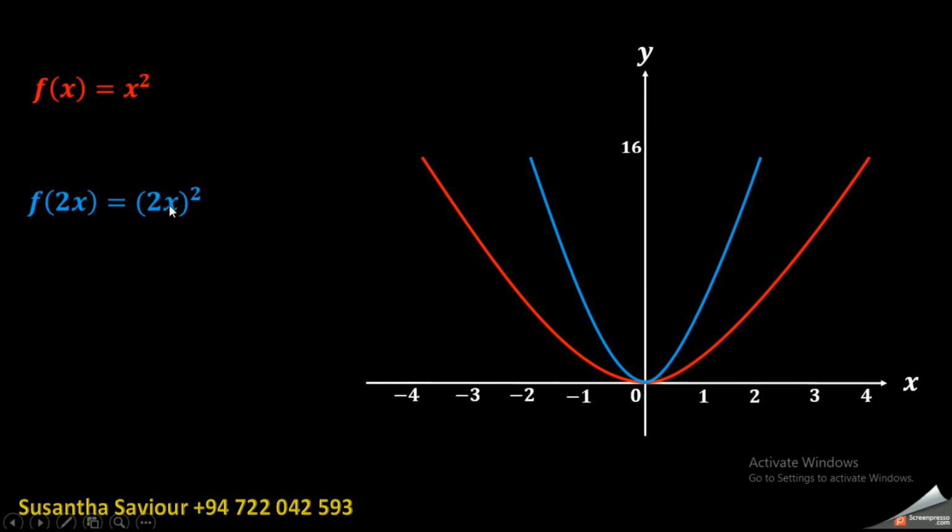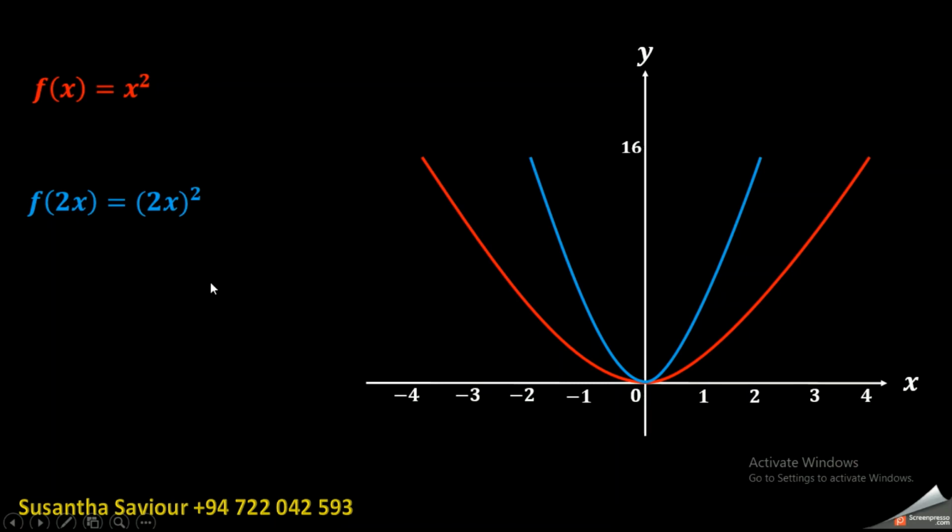When x equals 2, this is 16, so this x coordinate is divided by 2. 4 divided by 2 is 2, minus 4 divided by 2 is minus 2, right? So 16 occurred at x equals 4, but for this curve 16 occurs at x equals 2.